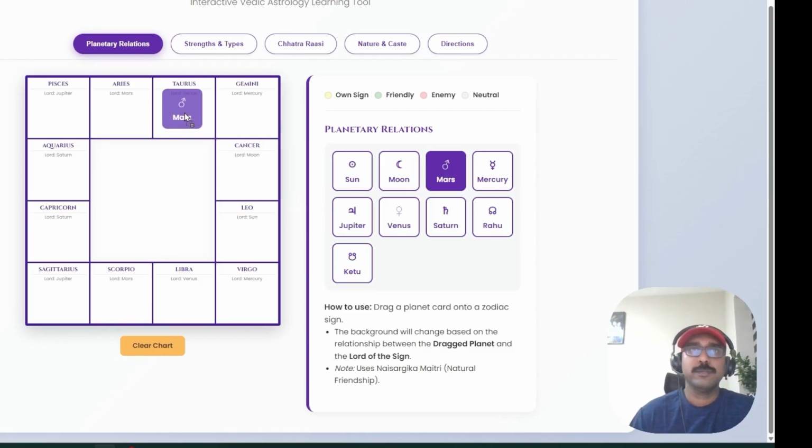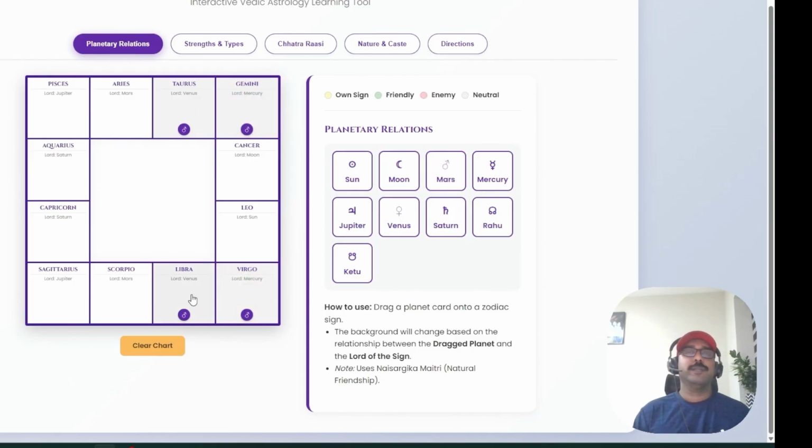That means Taurus is a friend, Gemini is a friend, Virgo is a friend, and Libra is a friend. So these four out of the 12 rashis are considered a favorable placement for Mars. And if it is placed in Pisces, Aquarius, or Capricorn, that's not considered a favorable placement. It's straightforward.